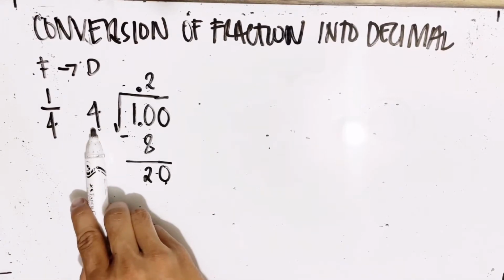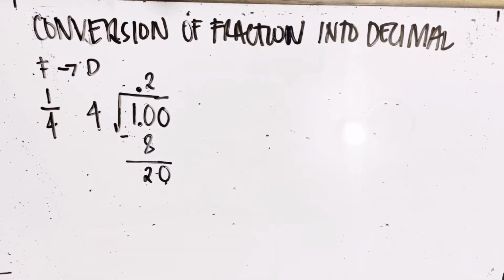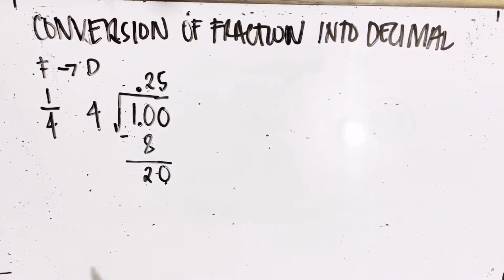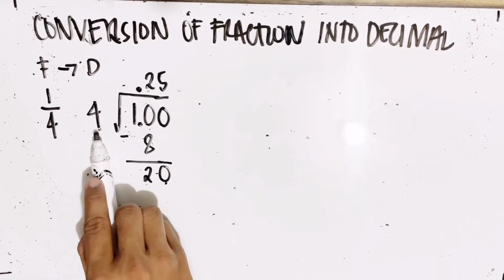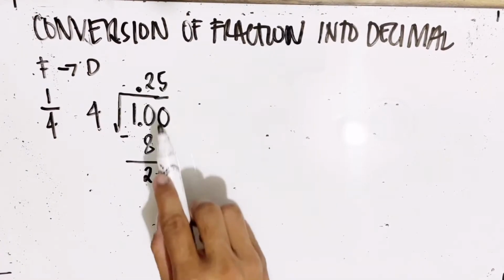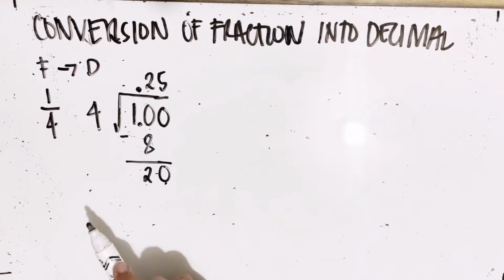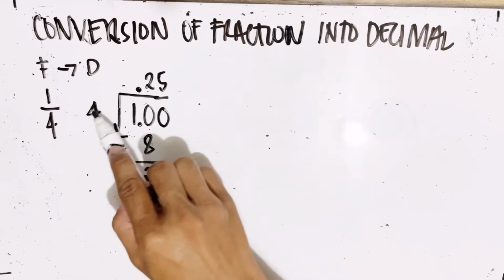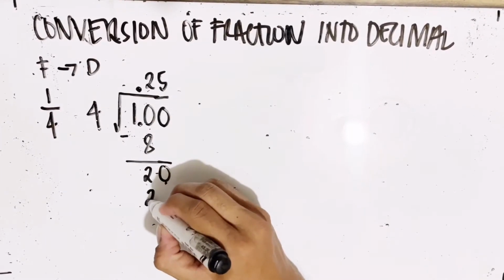20 divided by 4 is 5. How did I get 5? How many 4s are there in 20? So there are 5 4s. 4, 4, 4, 4, 4. There are 5 4s, and that is equal to 20. Next, 5 times 4 is 20.